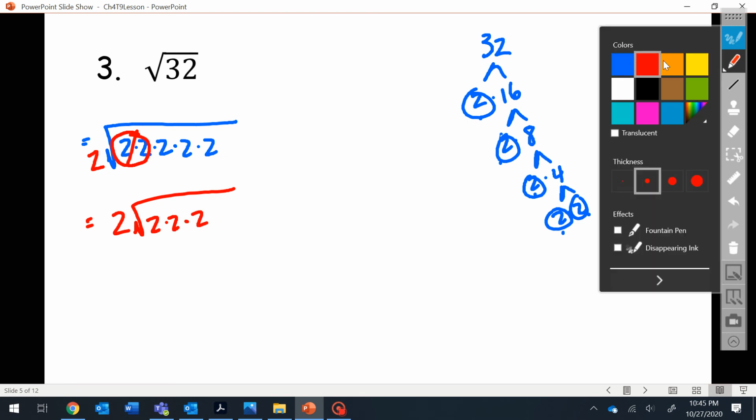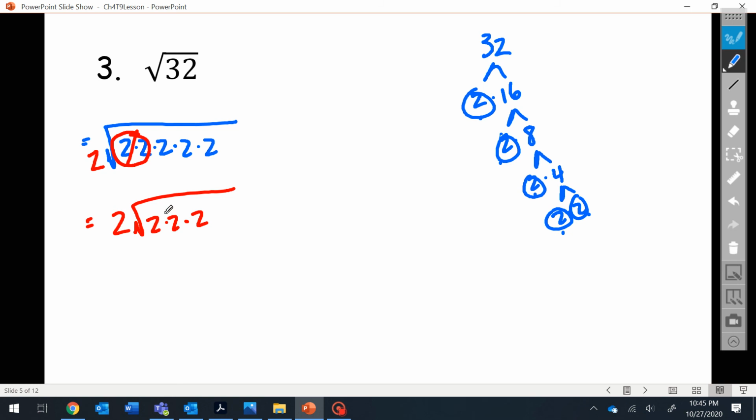But I can still bring another pair out, because there's another pair right here that I can bring out as well. So I have 2 times 2 on the outside, which is 4, and on the inside, I only have a single 2. So the square root of 32 reduces to 4 square root of 2.